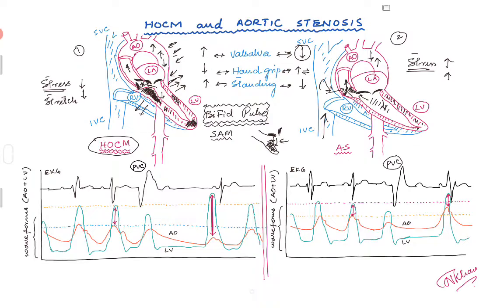So in these patients, we try to avoid inotropes. We try to give them beta blockers to slow their heart rate down. And these patients might need surgery or septal resection.